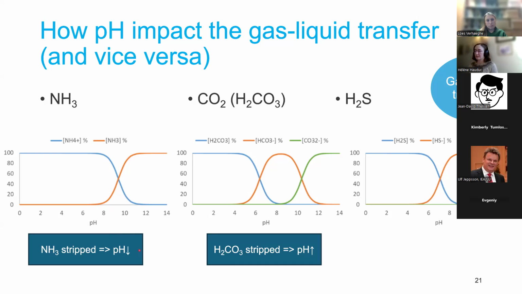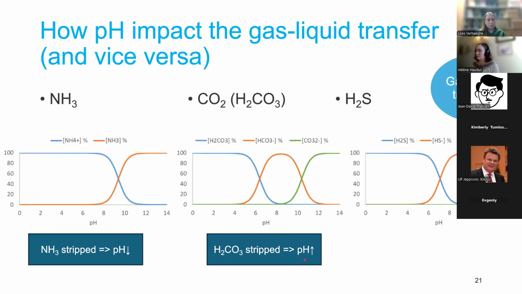Contrary to that, when you strip carbon dioxide, you remove protons from your water, and it will shift the equilibrium towards protons and the other carbonate forms.